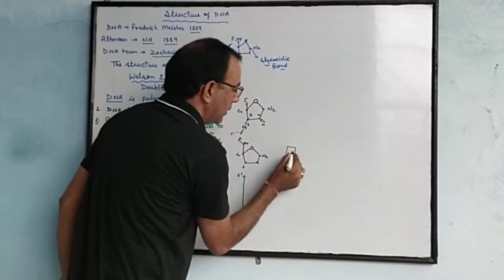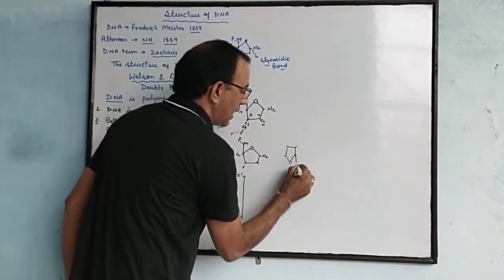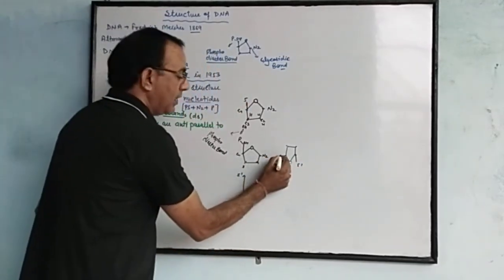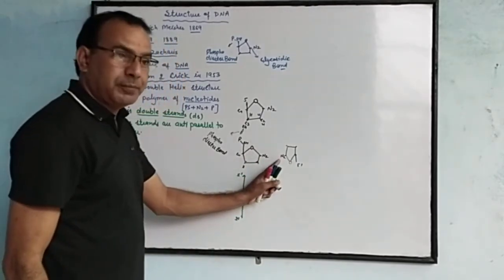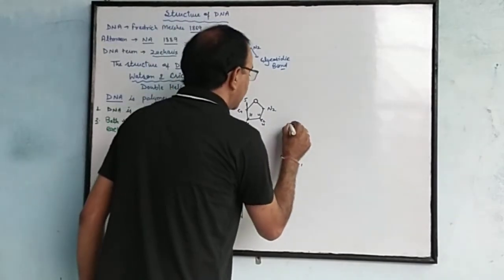Carbon number 1st, 2nd, 3rd, 4th, and this one is carbon number 5th. In front of carbon number 1, we can take carbon number 1. So that glycosidic bond is formed with this one attached. And second, we draw the structure of this one.